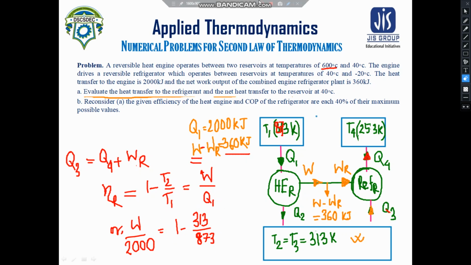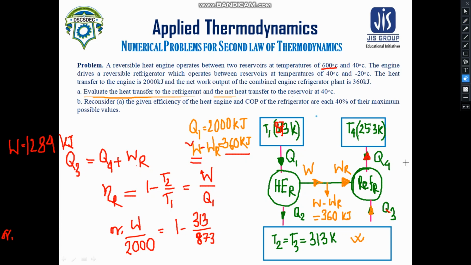After doing the relevant calculations, you will find this W becomes 1284 kilojoules. It took time to calculate. So it will be 1284 kilojoules. Now you have found the value of this W.